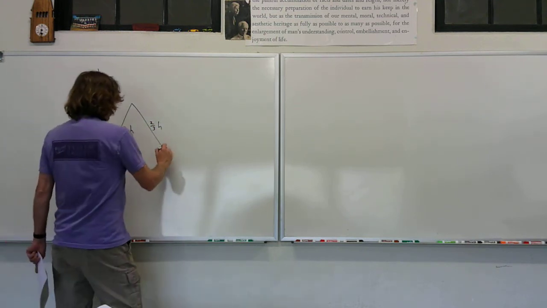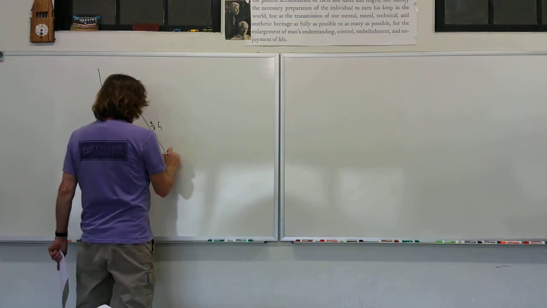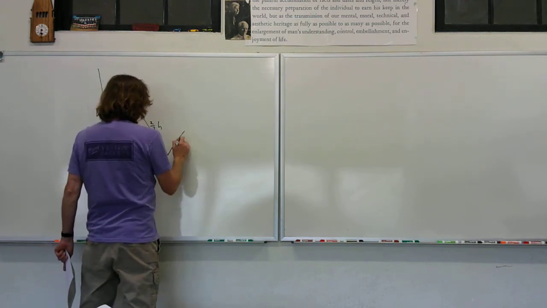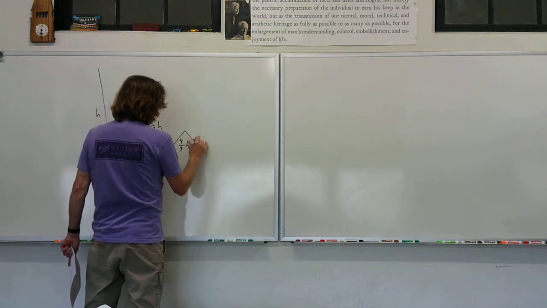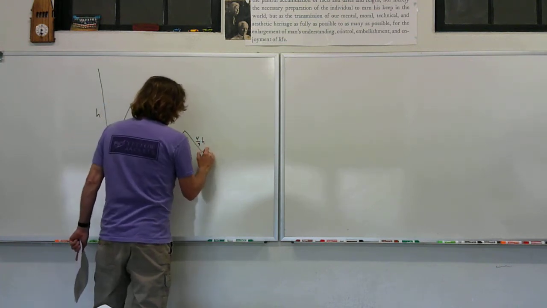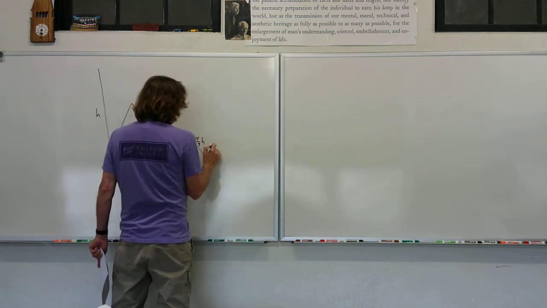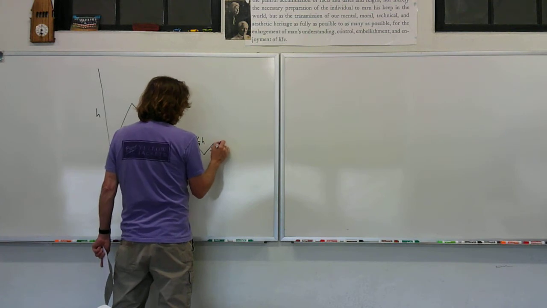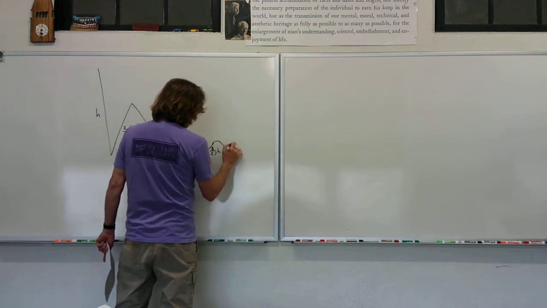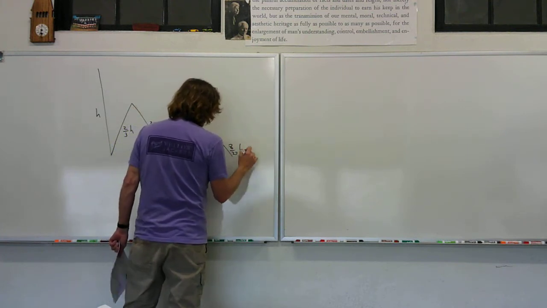Then it bounces 2/3 of that, which is 4/9 h, and comes back down 4/9 h. Then it goes 2/3 of that, which is 8/27 h up. And don't forget, it's got to come back down 8/27 h.